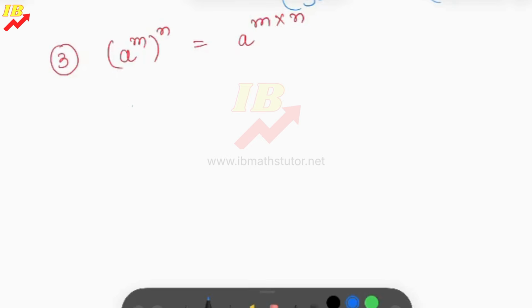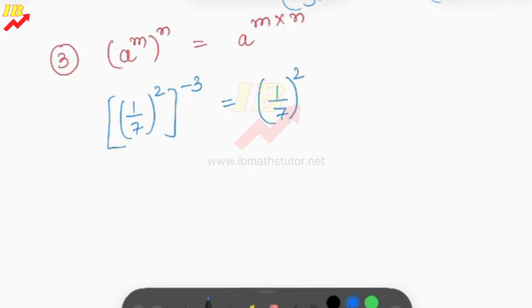If I'm writing 1 over 7 to the power 2, and after that one more power is negative 3, so I'm writing 1 over 7 to the whole power 2 times negative 3. See, the plus and the minus powers are never going to matter in this case, because we are following certain laws which are based on the in-between signs.